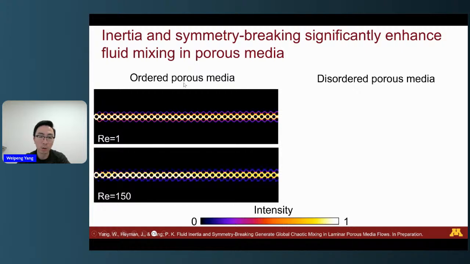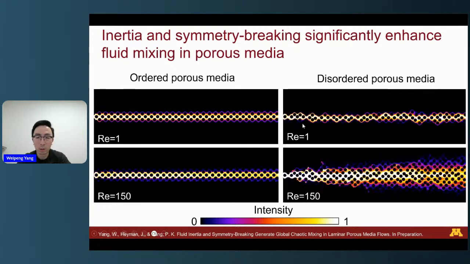In the ordered porous media, everything is symmetric, so the symmetry is preserved. You can see here, increasing the Reynolds number can only slightly enhance the local fluid mixing, but it cannot enhance the global fluid mixing. But in the disordered porous media, at low Reynolds number with only the symmetry breaking, yeah, there's no enhanced mixing.